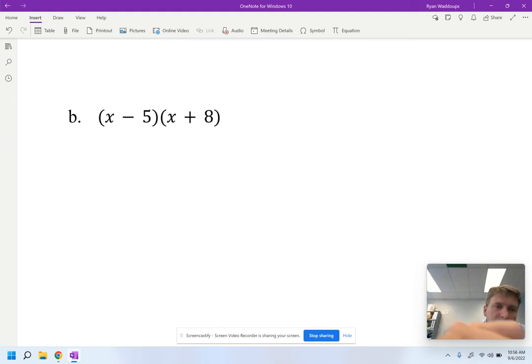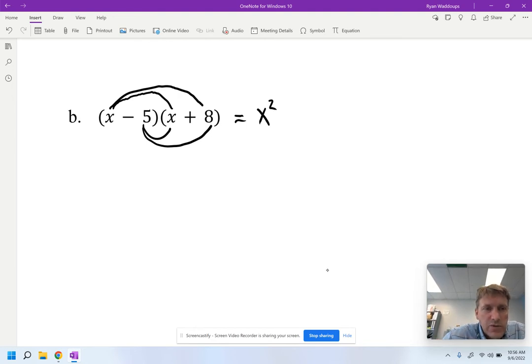B, x minus 5 times x plus 8. So we take x times x and x times 8 and minus 5 times x and minus 5 times 8. So first, x times x is x squared, and x times 8 is 8x.